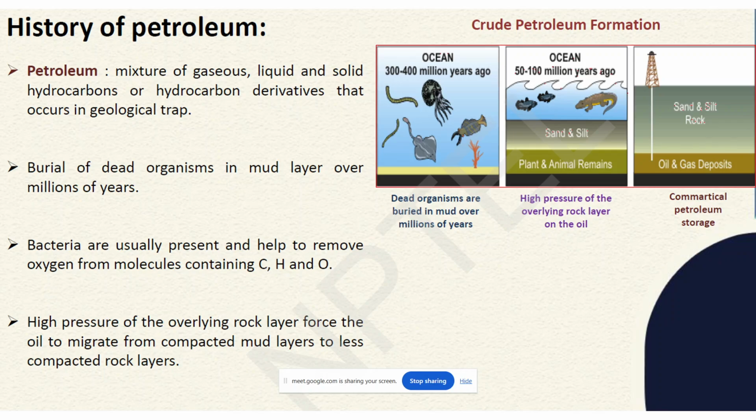Talking about the history of petroleum, how it is formed. Deep down in the ocean beds, when marine organisms like marine animals die, they settle down on the seabed, and over millions of years sand and plant material settle over them, layer by layer.